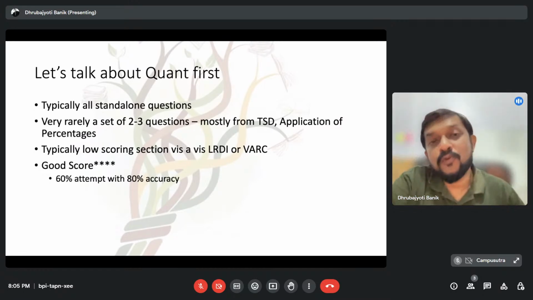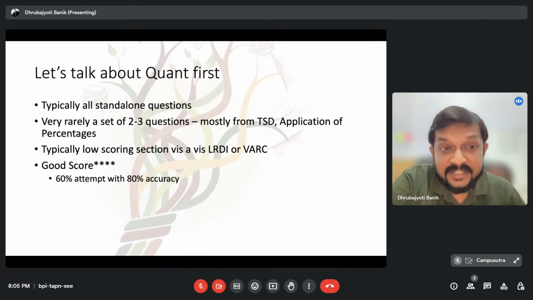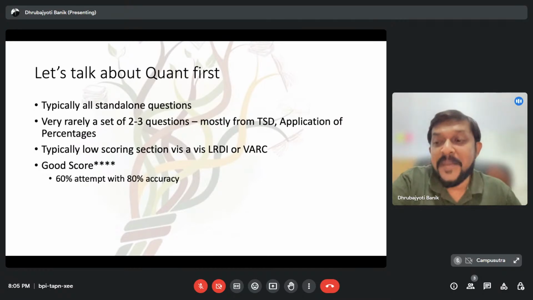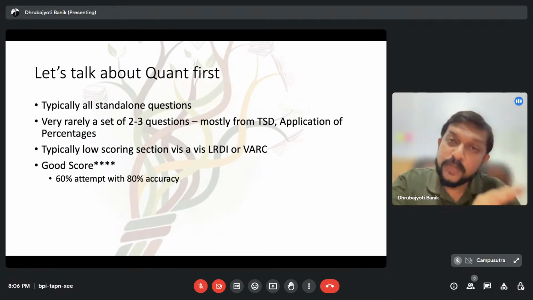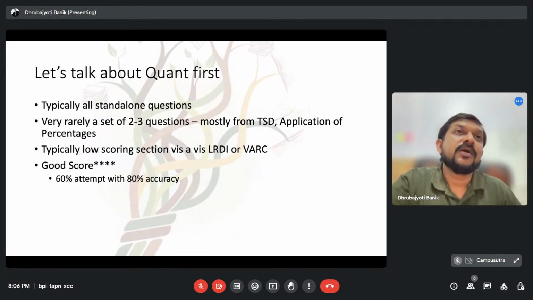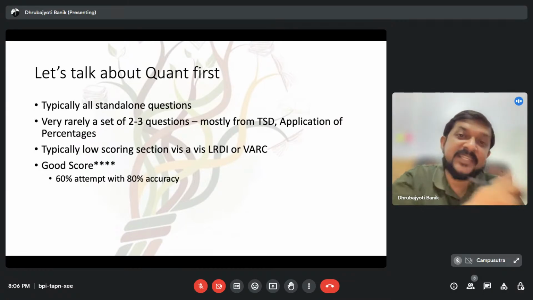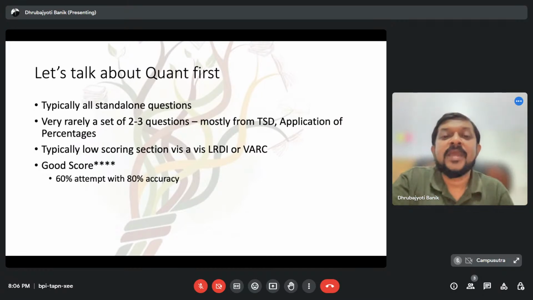Whereas if you look at the history of CAT and XAT, the quantitative section has been mainly full of standalone questions, which means that if there are 22 to 23 questions in that section, at least 18 to 19 of them are distinct from each other. They are not really clubbed with one data.